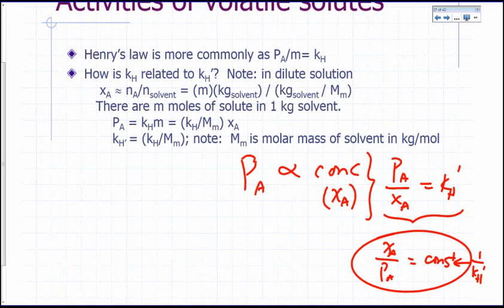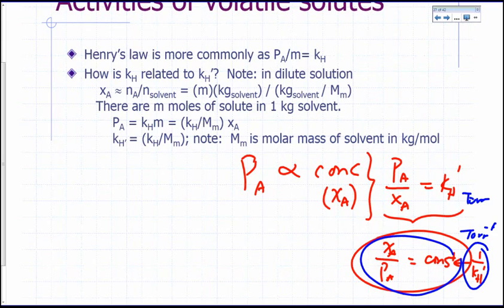So if you were to look up Henry's law constants, you might actually find the value of 1 over KH prime instead of KH prime. So you have to be careful when you're looking up Henry's law constants. The unit for KH prime would be a unit of pressure, like torr or atmosphere. But if you found a Henry's law constant from the literature given in reciprocal torr or reciprocal atmosphere, then this must be the expression that was assumed.